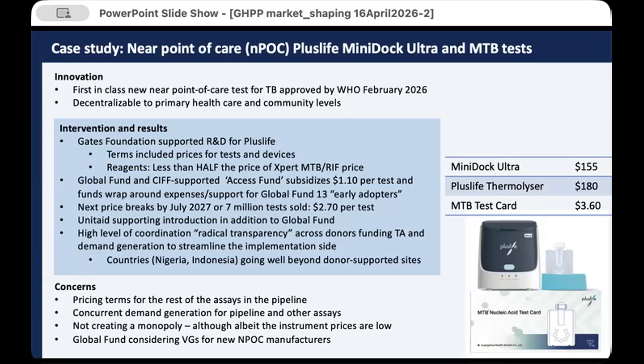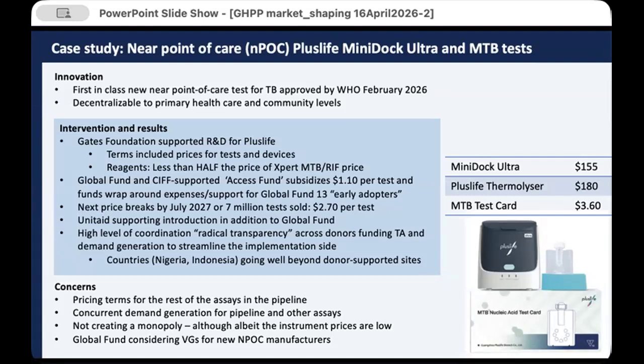So the pricing terms, again, we're concerned that it doesn't extend to the other tests in the pipeline. Again, there is a robust development pipeline, some further on than others. We obviously don't want to see a monopoly here, although this machine costing $155, which is one of the two devices needed, is much more affordable than the $17,000 GeneXpert machine. That was the price for when the buy down first took place.